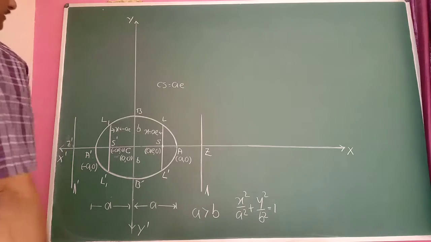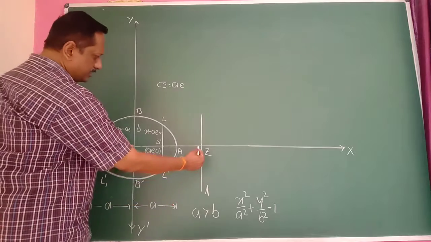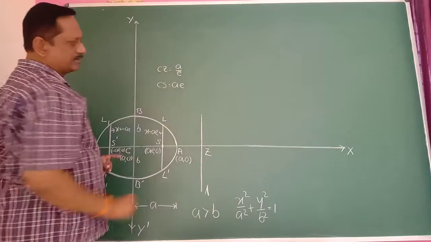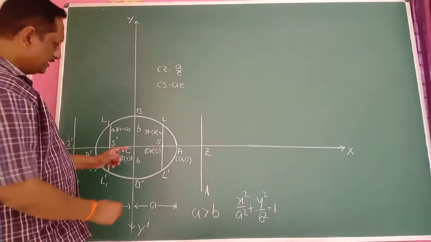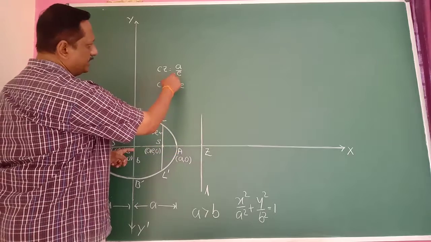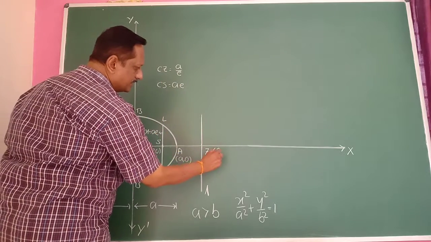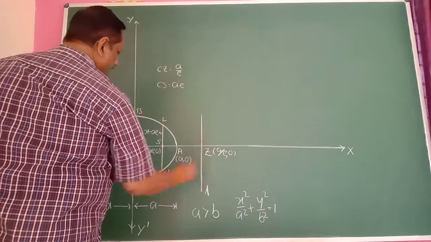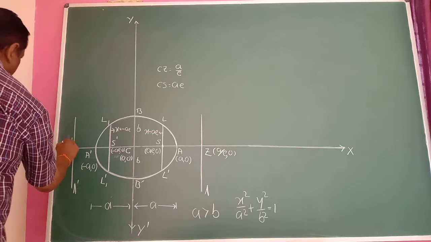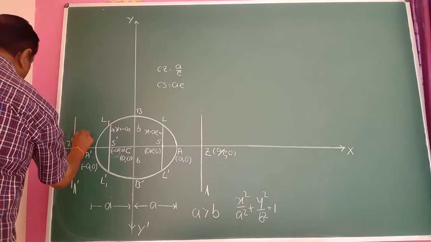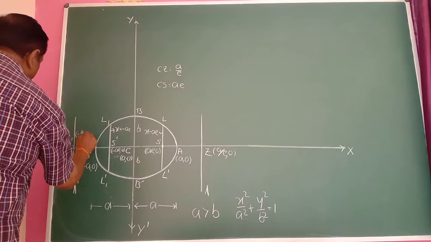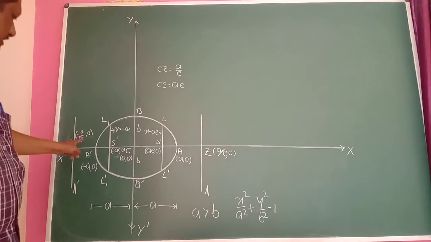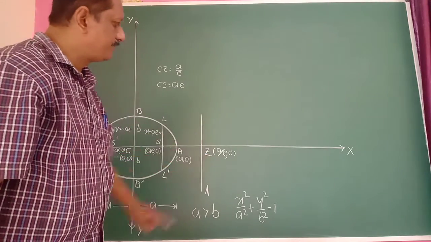You already proved in the theorem that CZ is equal to a upon e. So the coordinate of Z becomes (a upon e, 0), and similarly the coordinate of Z dash is (minus a upon e, 0).